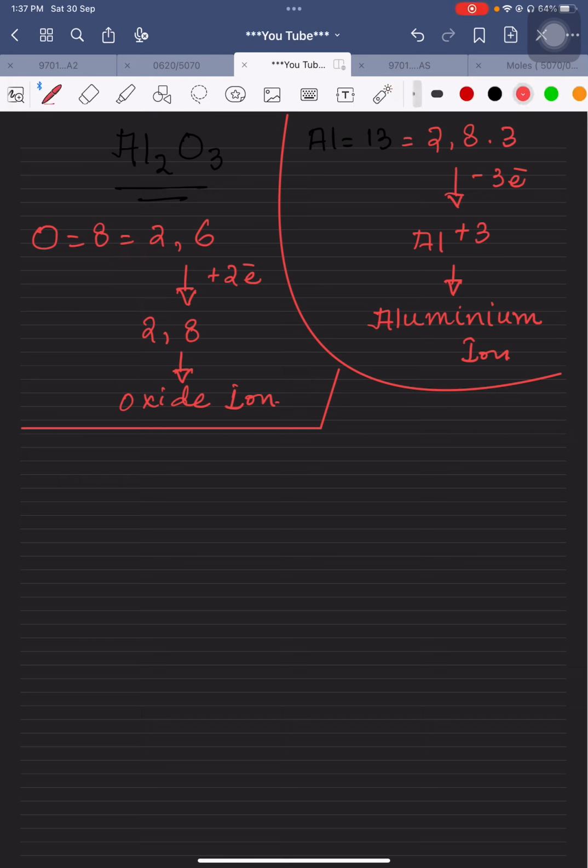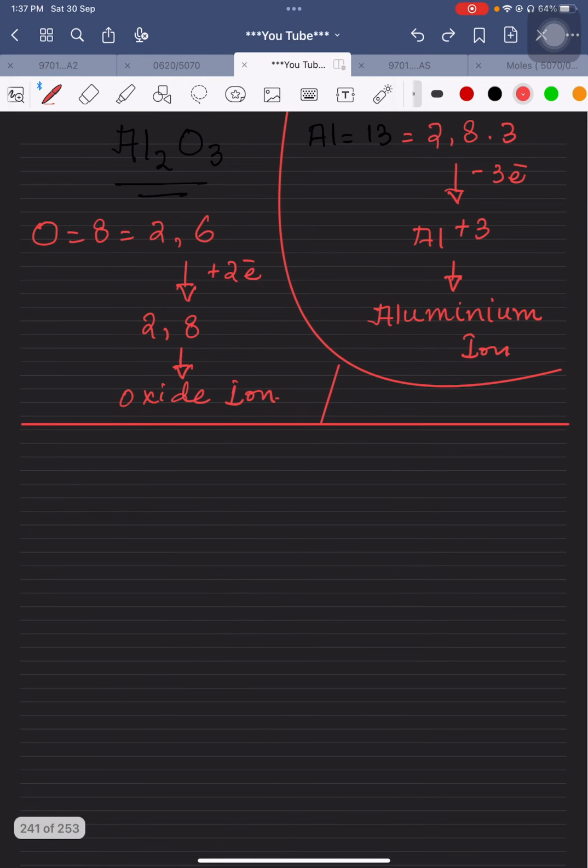Now we can say that aluminum is represented by, let's see, okay, I'm not writing here because I need a little more space. We can make the key here. Aluminum electrons with a cross, whereas oxygen electrons with a dot. So it's a clear key over there.